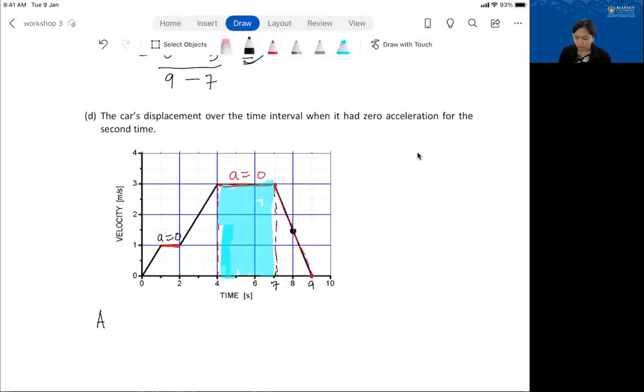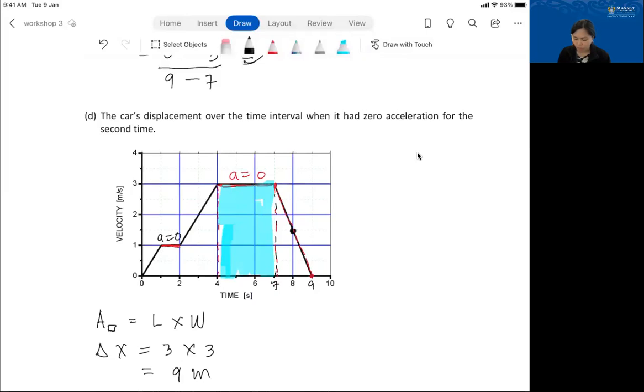The area of the rectangle is length times width. So the displacement at the time when you had 0 acceleration the second time will be, say, 3 seconds times 3 meters per second.